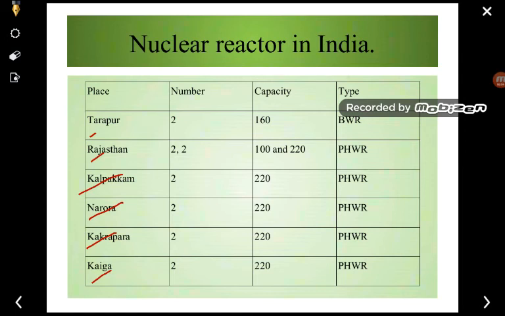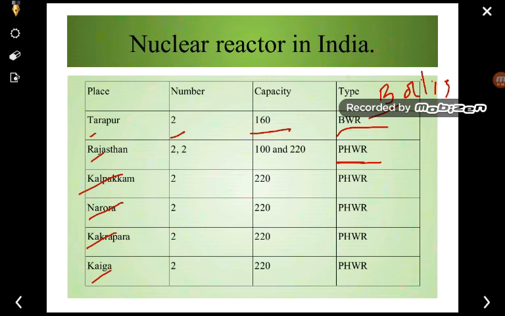So these are the different locations where nuclear reactors have been installed. In the case of Tarapur, there are two boiling water reactors available, with a capacity of 160. Similarly, what is PHWR? It is nothing but the pressurized heavy water reactor. So this is the boiling water reactor, and this is the pressurized heavy water reactor.